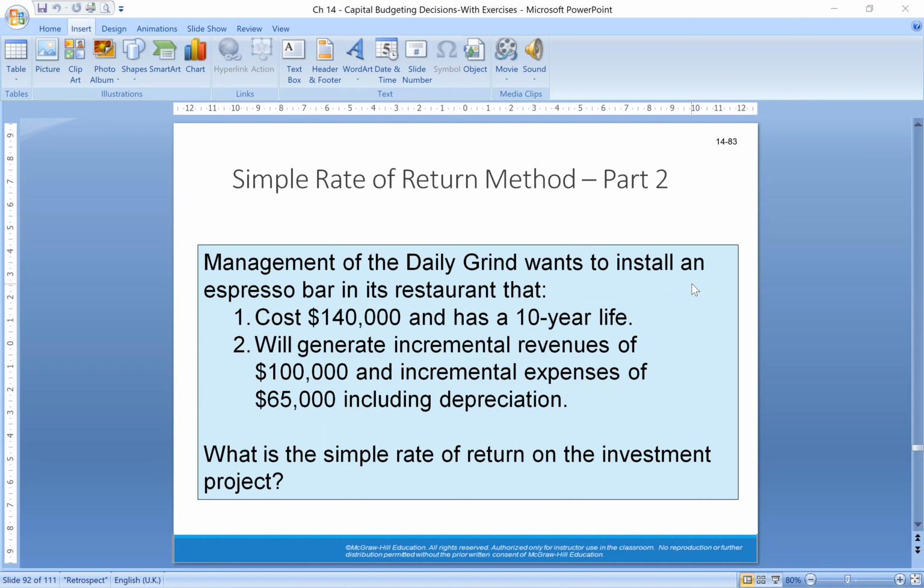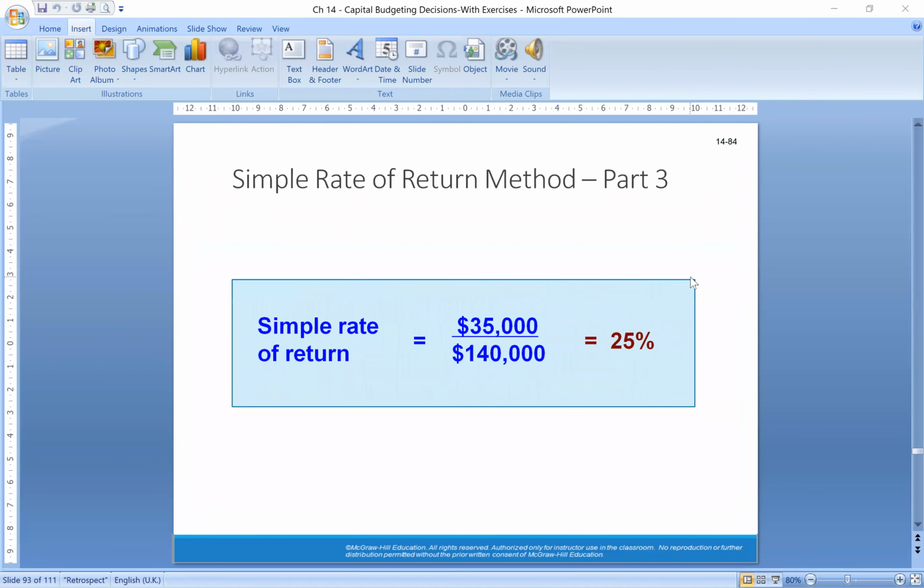So what is the incremental net profit? 35,000, 100 minus 65. So we have a simple rate of return of the incremental net profit, 35,000, divided by the investment, which is 140,000. This is called the simple rate of return, 25%.